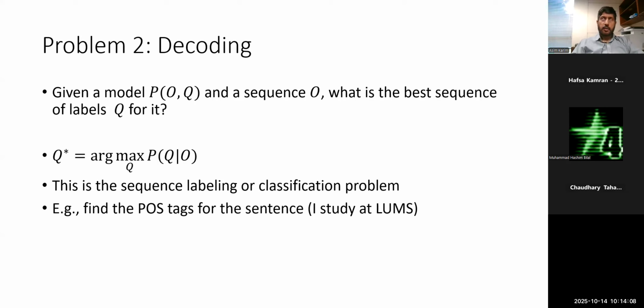So this is called the decoding problem, and later, the algorithm we will see for it is the Viterbi algorithm. So given a sentence, we want to find the POS tags for it.